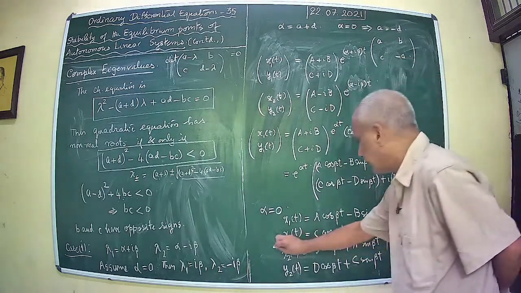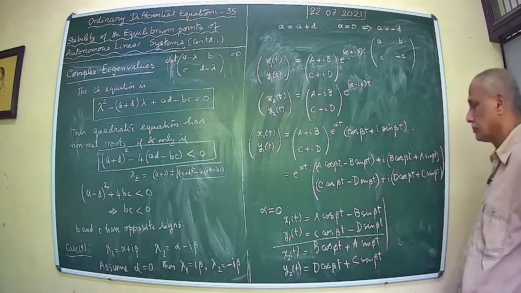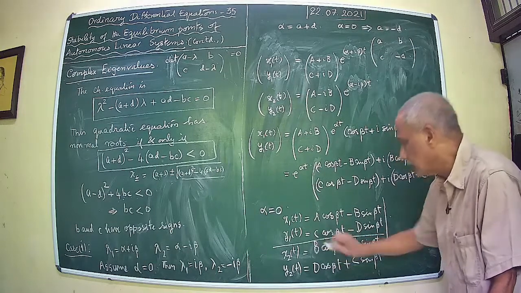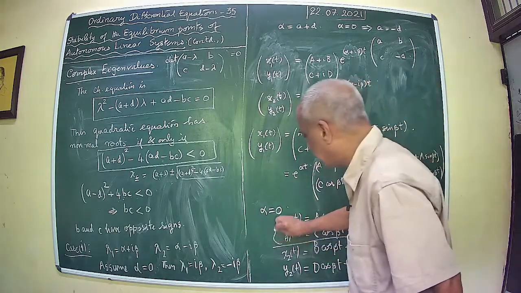So you have two sets of solutions now for the system. Now consider the first set.